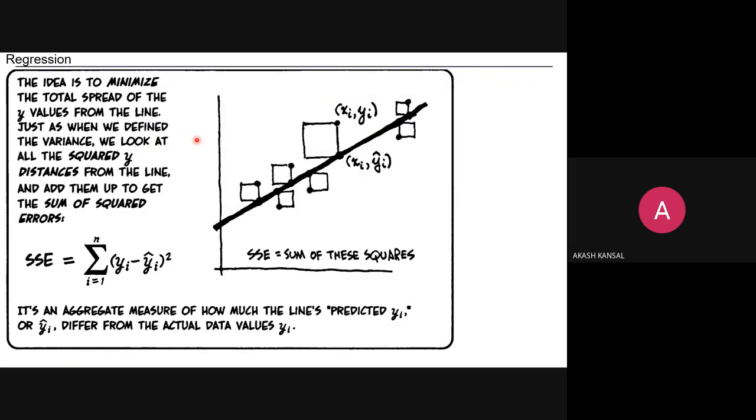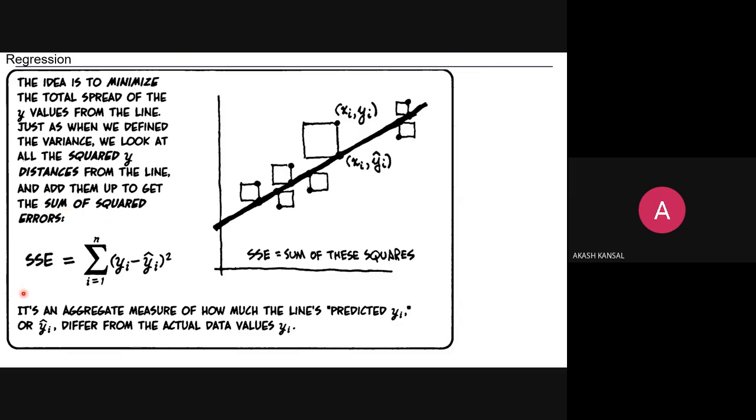So what we want to do here is minimize the spread of the y values from the original y values. Let's say this dark black line is my regression line, and these are the actual points, which are xi, yi. This gap, I want to minimize. For that I use a parameter called SSE, which is sum of squared errors.